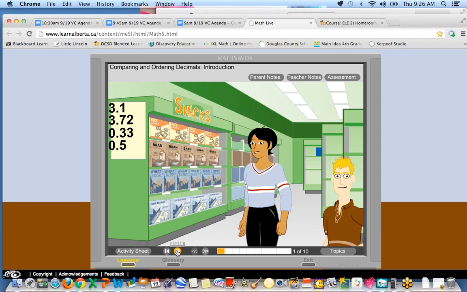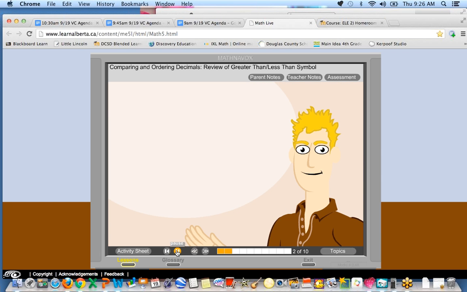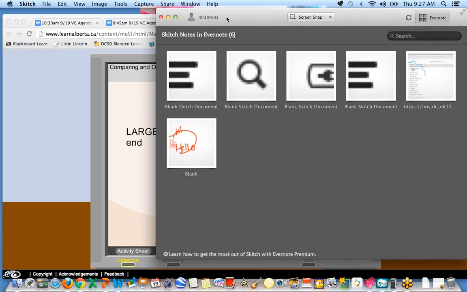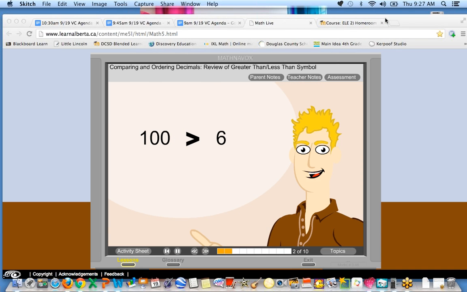That is correct. Okay. Before we get going, let's review the greater than, less than symbol. We will use this symbol when we're comparing decimal numbers. The symbol has a larger end and a smaller end. When you are comparing two numbers to determine which one is greater, the larger end of the symbol faces the larger number.